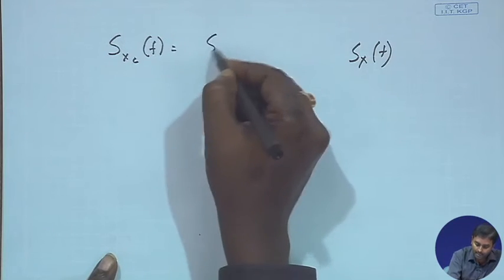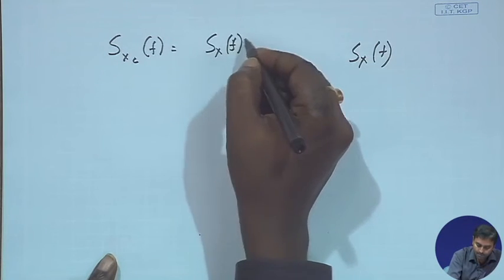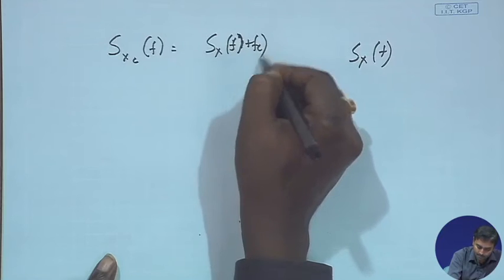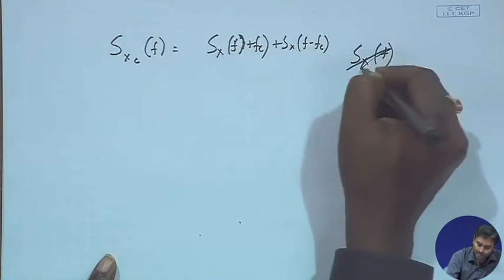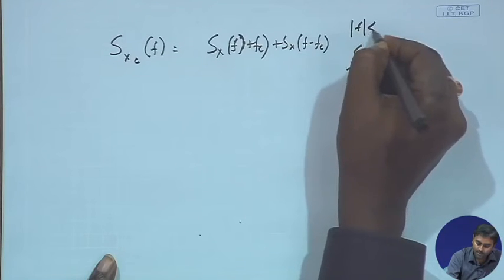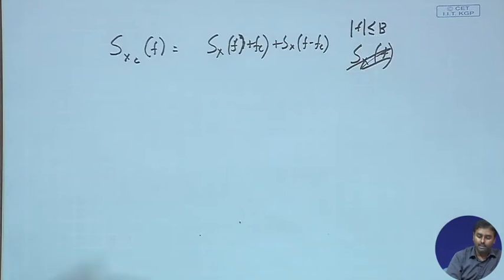Therefore, Sxf must be shifted to plus fc and minus fc. So, I can write Sxf plus fc, Sx f minus fc, and then I have to put this condition that mod f is less than or equal to b, right. And because it is power spectral density, for cos there will be a half term which will be squared.